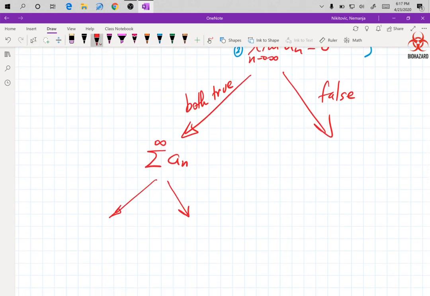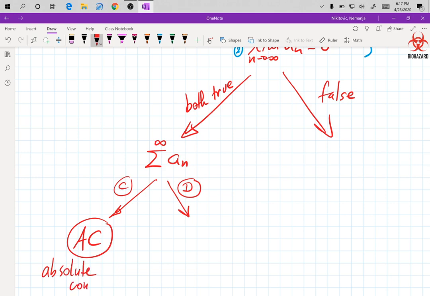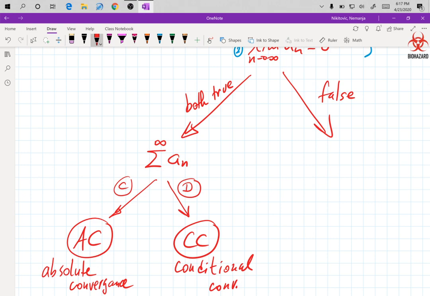Now that series is either going to converge or diverge, leading to two outcomes: absolute convergence and conditional convergence. The other branch, with the false over there, leads to divergence.